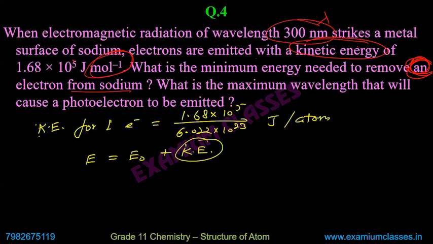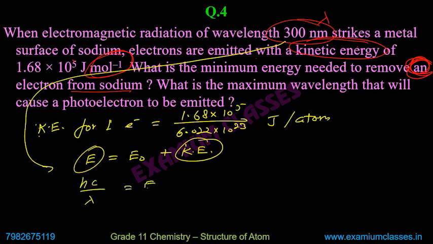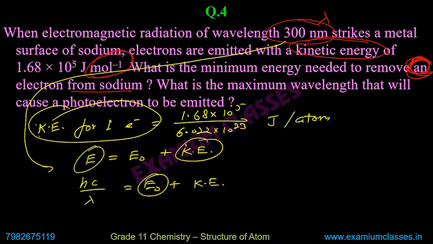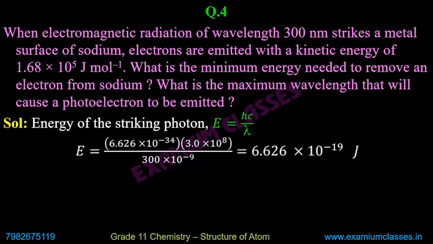This kinetic energy you will use in E equals E naught plus kinetic energy. So kinetic energy is known. This E you can get from 300 nanometer: hc by lambda equals E naught plus whatever kinetic energy for 1 electron you have obtained. Substitute, and only E naught, the minimum energy required for an electron, is unknown. You will get the answer. So first, this is the total energy, E equals hc by lambda.